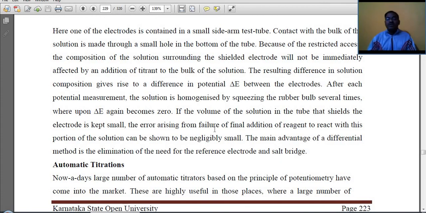If the volume of the solution in the tube that shields the electrode is kept small, the error arising from failure of final additions of reagent to react with these portions of the solution can be shown to be negligibly small. The main advantage of a differential method is the elimination of the need for a reference electrode and salt bridge.